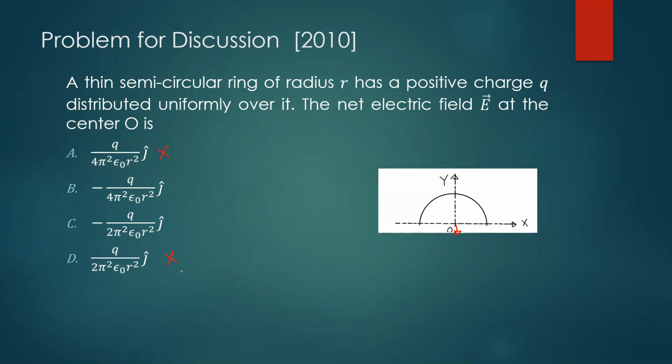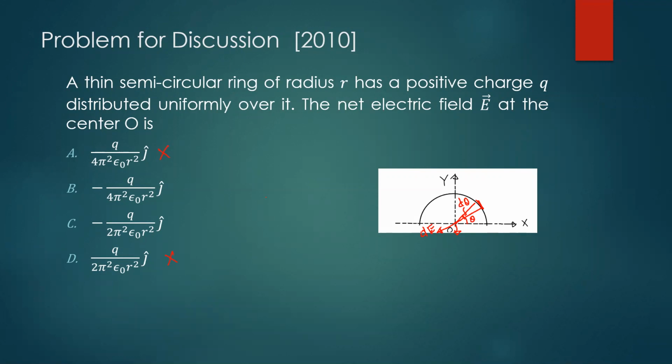So I'm left with, let's say, B and C. Now, how do we get the answer? If I take a tiny portion here with an angular position theta, so this is d theta, a small element, that would provide an electric field in this direction, dE.